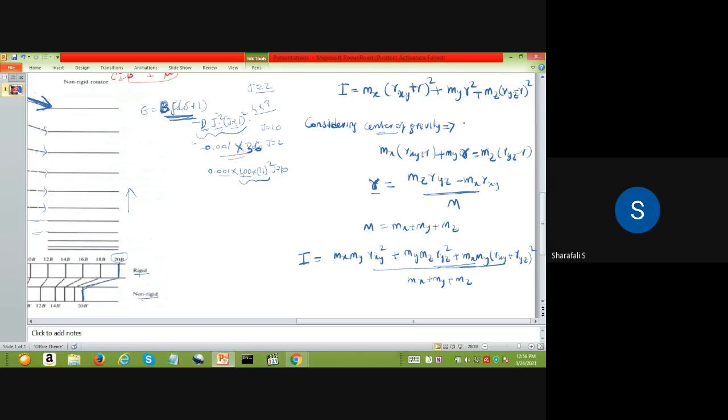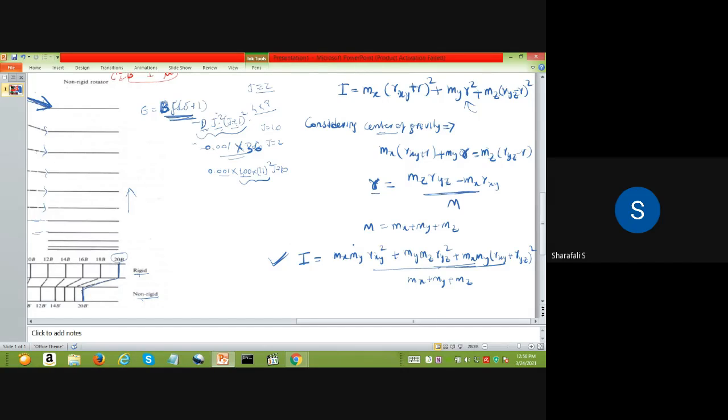So substitute the value of r in this expression of moment of inertia, and you will get the total moment of inertia of this triatomic molecule. This is how we calculate the moment of inertia of a triatomic molecule.